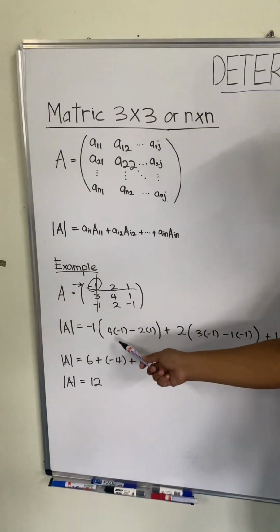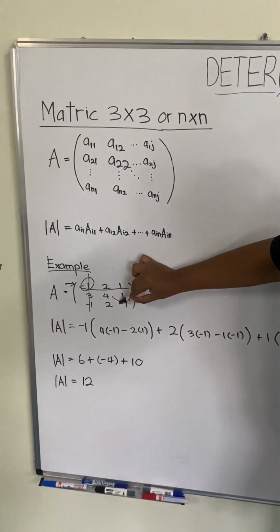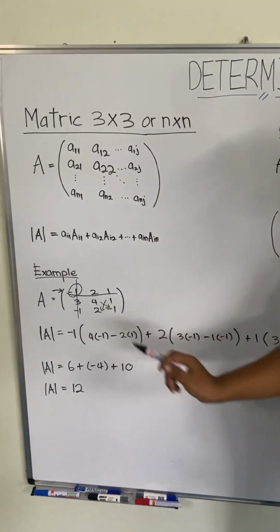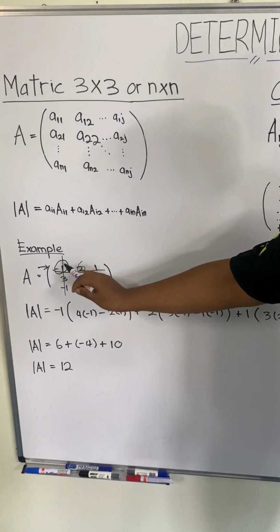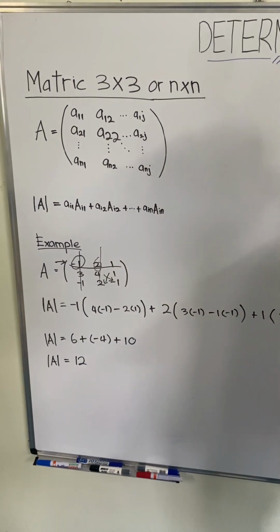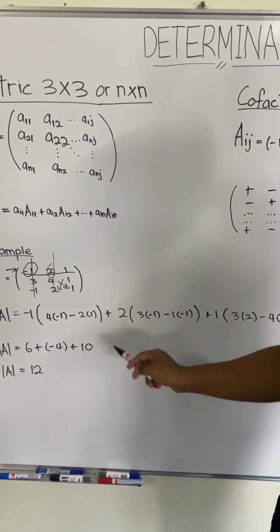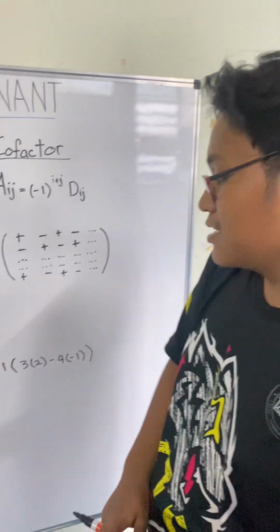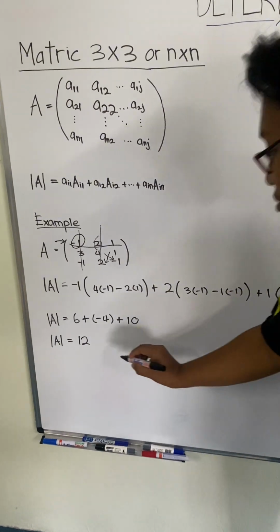The minor is just like a 2 by 2 matrix: 4 times negative 1 and negative 1 times 2. Same for the other one, the 2: we still use the same row but a different column. So here 3 times negative 1 and 1 times negative 1. Don't forget the minus. This is just like a 2 by 2 matrix. So here we find that the determinant of matrix A is 12.